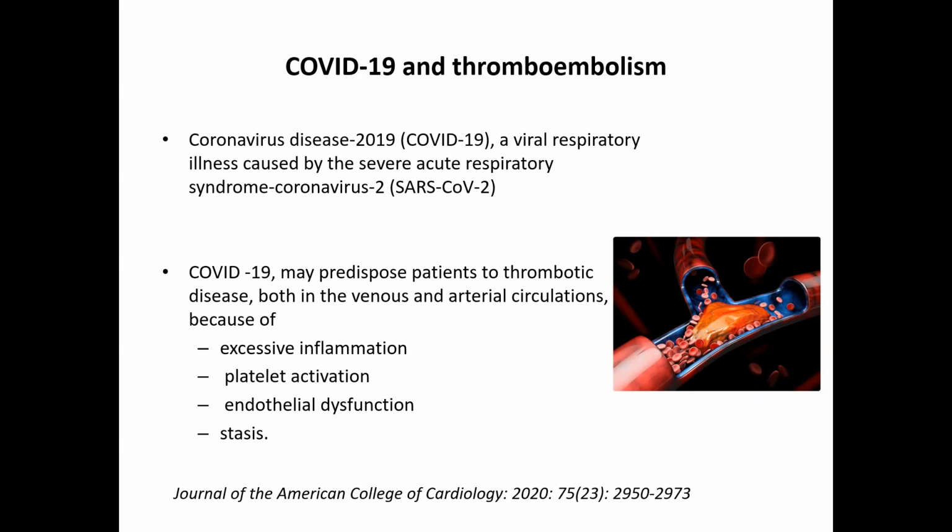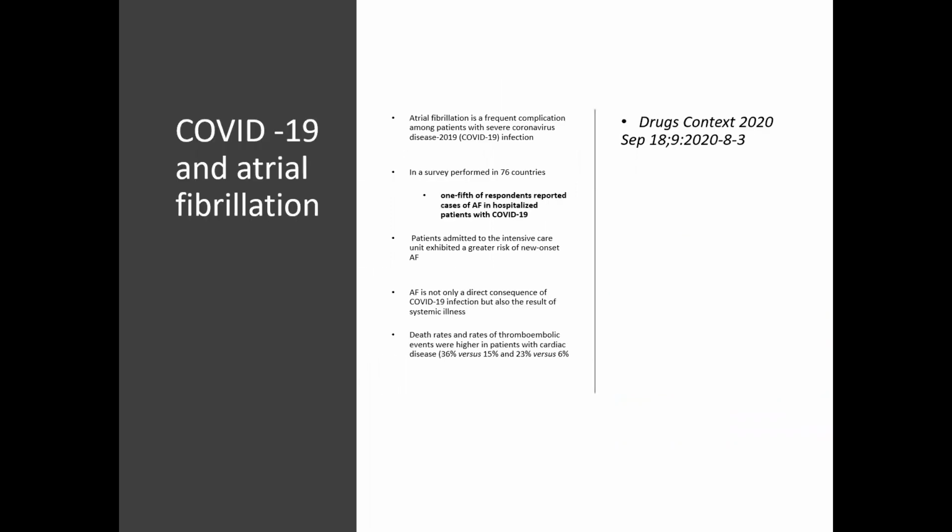We all know that inflammation is an important cause for activation of the platelet and increment in the coagulation cascade, which leads to thrombosis in other cases also. And we have been seeing such cases in our ICU since long.